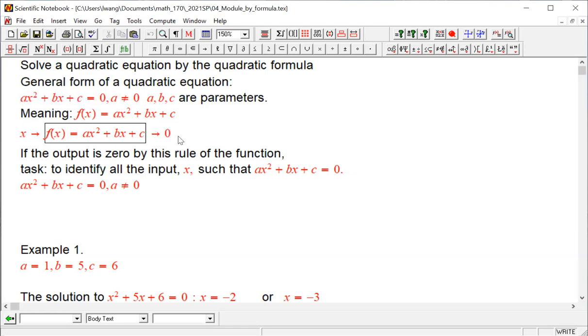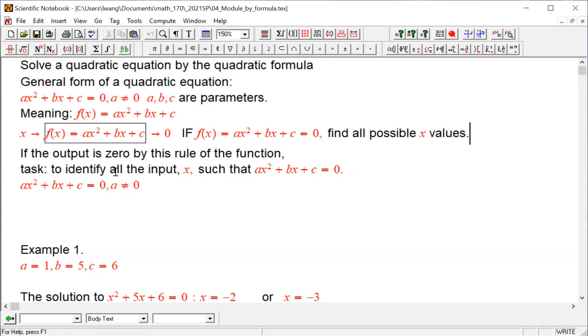So the statement will be saying that if this function produces an output equals 0, find all possible x values.